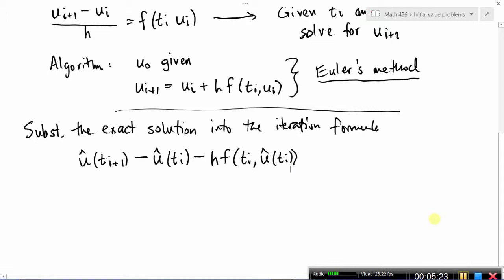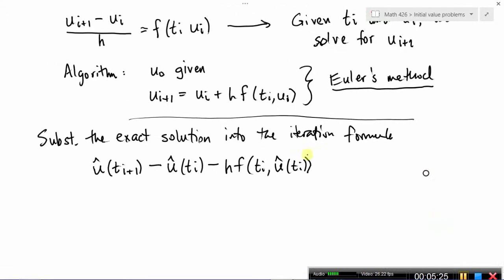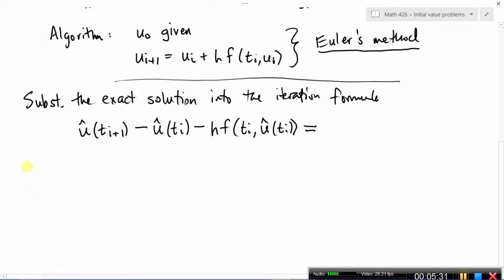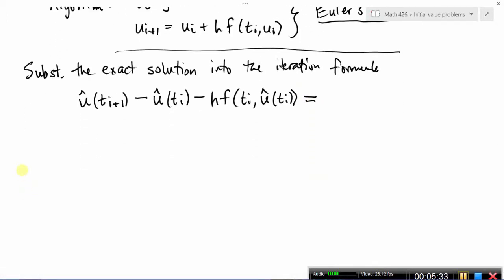Well, equals what? Well, if we were putting in the numerical solution, it would equal 0. But we shouldn't expect that of the exact solution. So hopefully, it'll be small. That's what we should hope for.